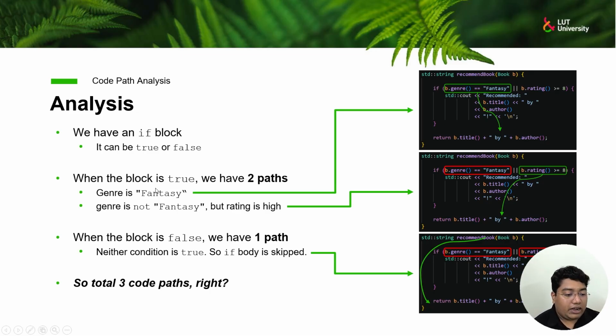If it isn't fantasy, another condition checks whether the rating is high or not. So then we go through another path. And finally, if both of them are false, then the whole if block is skipped. So from what we can actually see here, we have three possible execution paths.